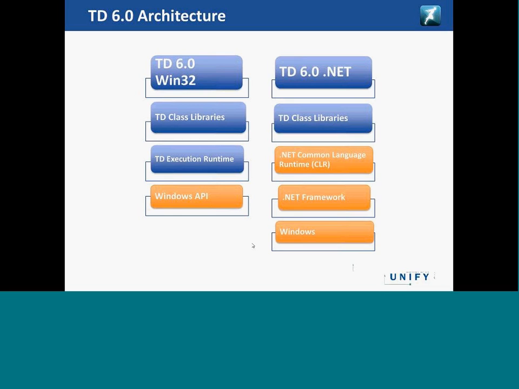Maybe you have to translate the strings from Unicode into ANSI character strings or from ANSI into Unicode. So this is very important to know. Most of these issues are related to these API calls or external function calls. So we don't have any big issue or showstopper with your existing source code when bringing it to Team Developer 6 Win32.